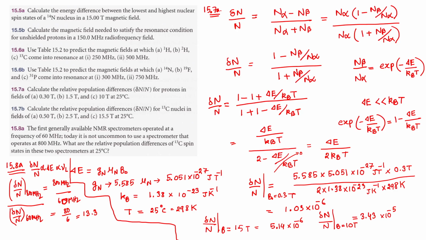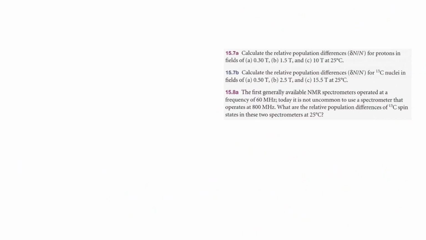If the number is high, then more transitions would take place, right? And the more transitions take place, the signal to noise ratio would be good. That's why you are using a better spectrometer that operates at 800 megahertz, not the earlier one which operated at 60 megahertz. Okay, now let's see what are the next questions.